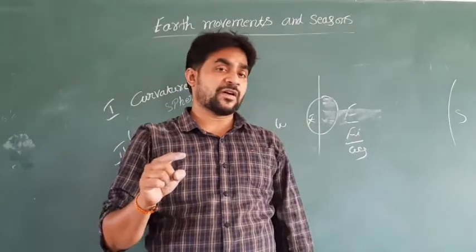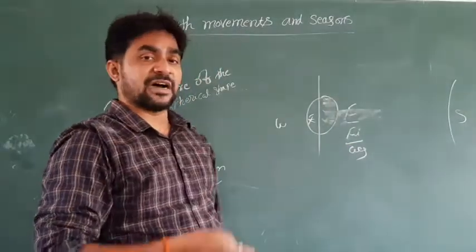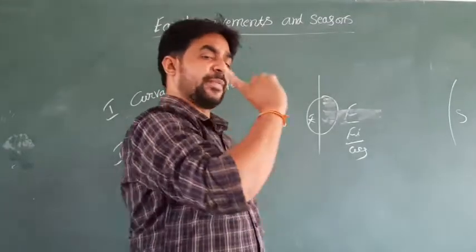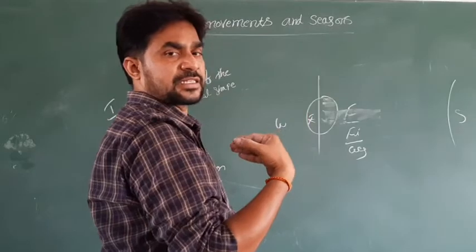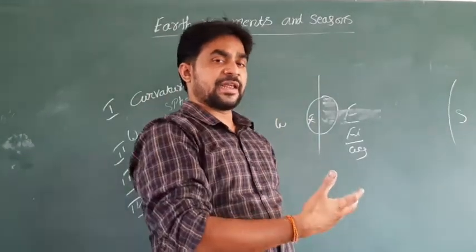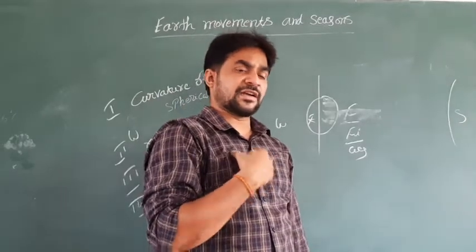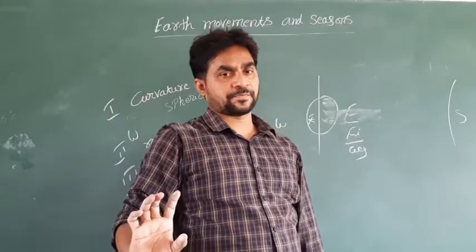We know 12 hours daytime, 12 hours nighttime, and that is because of earth rotation only. Because of earth rotation, half of the earth takes the sunlight and half does not. The area of the earth taking the sunlight is called daytime. The other side is called nighttime.